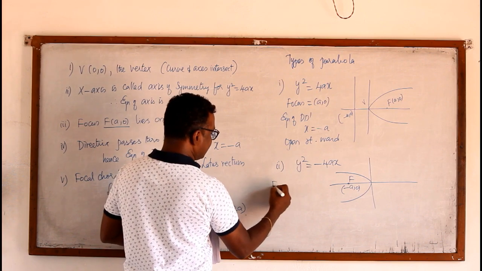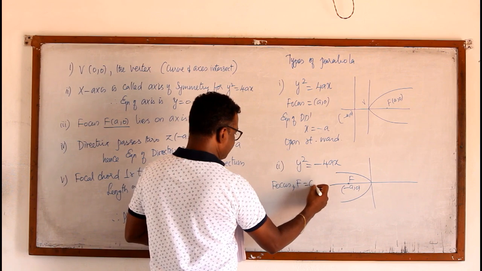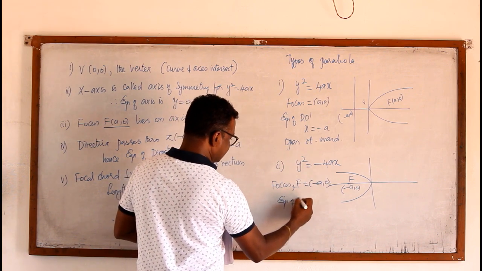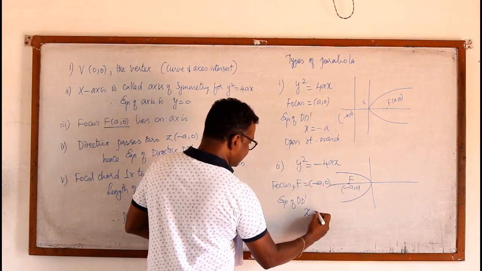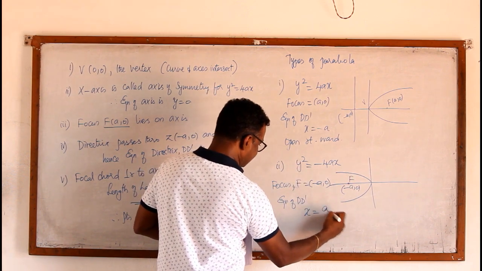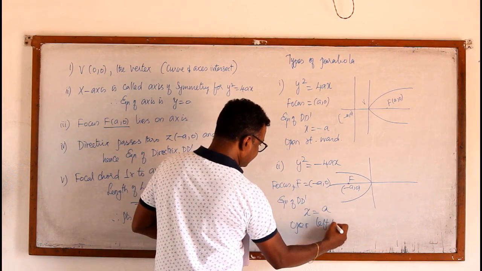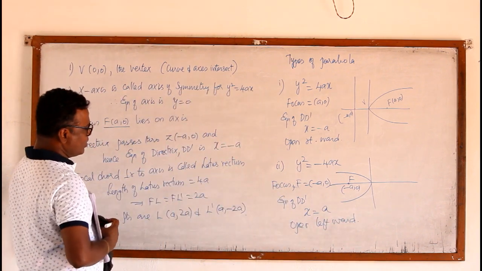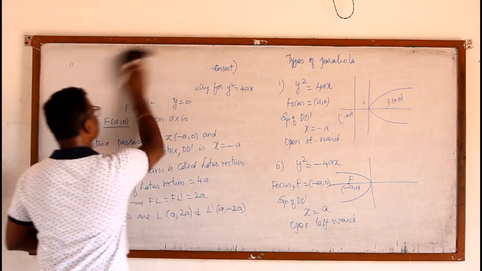So we can say the focus is F (minus a, 0). The equation of the directrix is x equal to plus a, and the curve opens leftward. So if we know about the focus and the directrix, we can read off the remaining things.